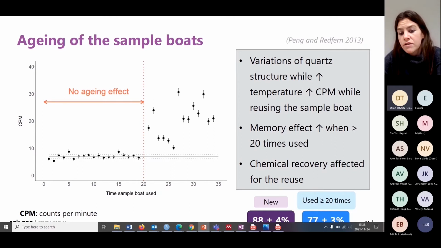So in our case, after 20 times reusing the same sample boat, the memory effect was significantly increasing. And we also calculated the chemical recoveries in order to see if there were significant differences between using a new sample boat and a reused one. And as you can see, the chemical recovery was higher while using a new sample boat.